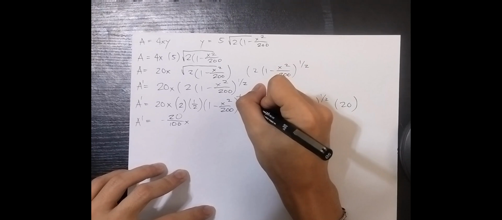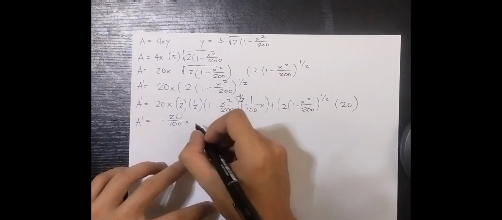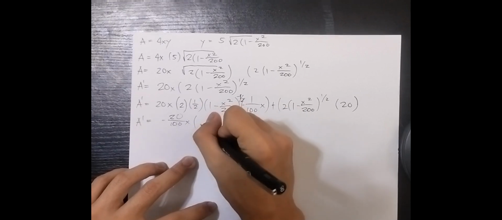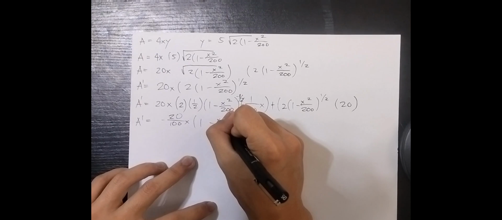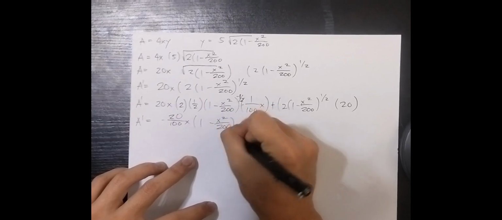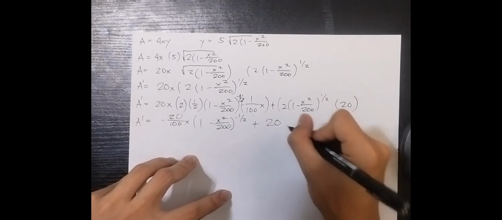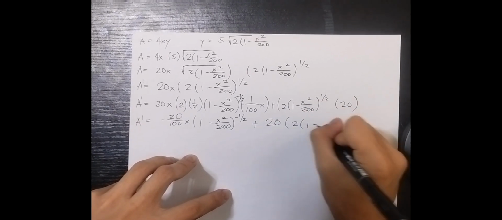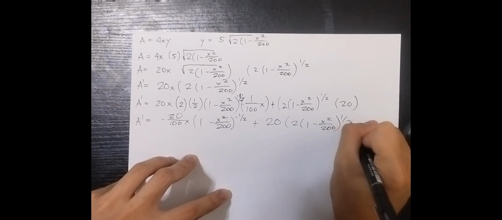I forgot the exponent, so it will subtract 1. 1 half minus 1 is equal to negative 1 half. That's the exponent. Copy 1 minus x squared over 200 raised to negative 1 half plus 20 multiplied by 2 times 1 minus x squared over 200 raised to 1 half.